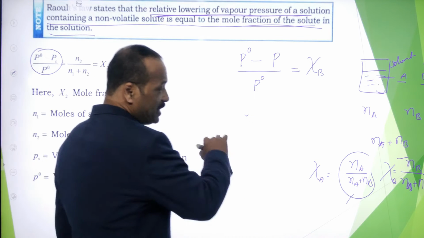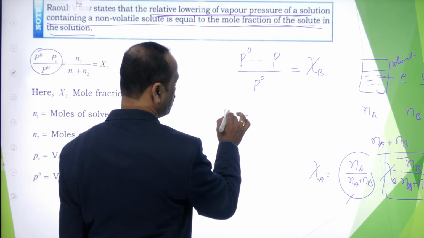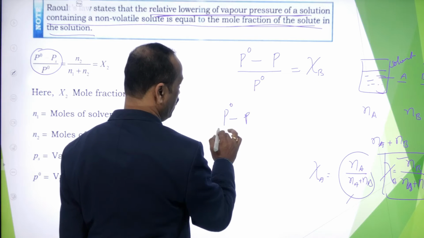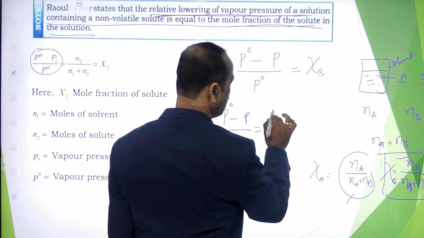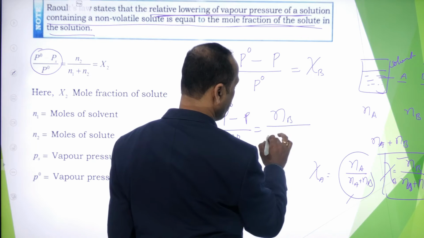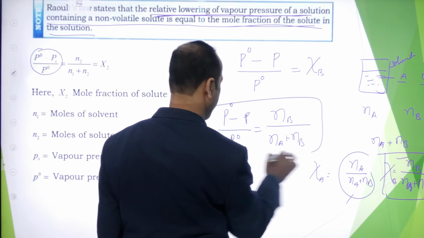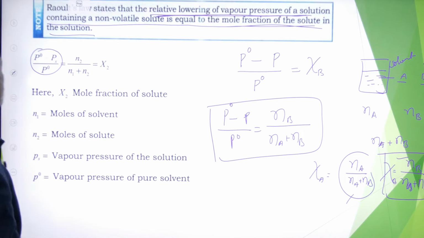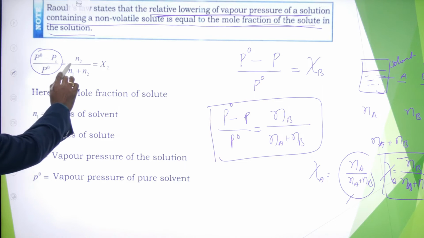Clear? But what is Xb? Xb is this one. So P naught minus P divided by P naught is equal to Xb, and Xb is Nb by Na plus Nb. Here, P naught minus Ps by P naught is equal to Nb by Na plus Nb.